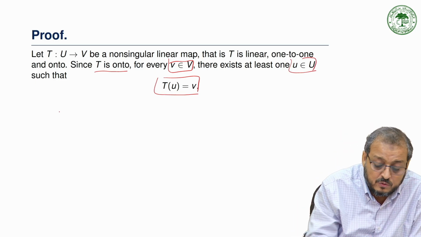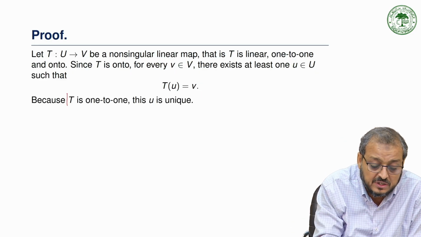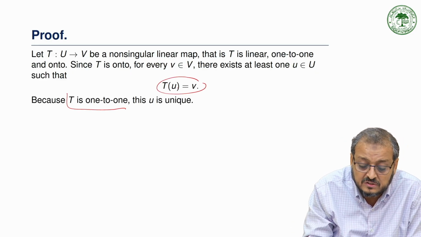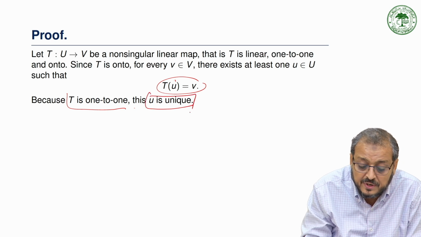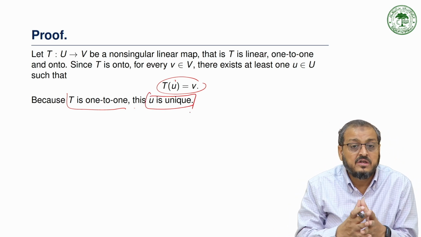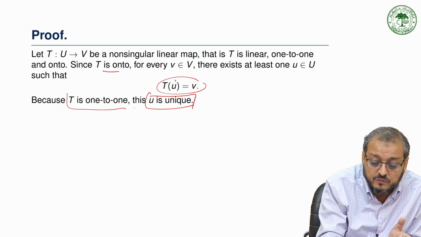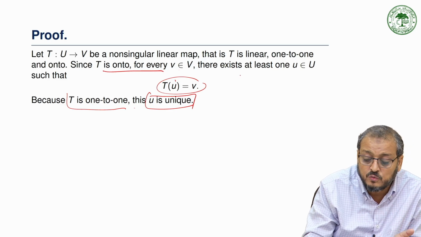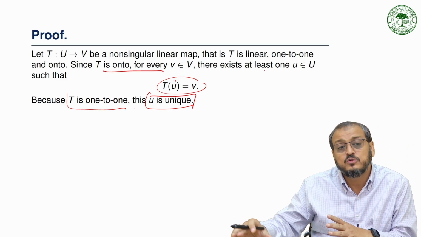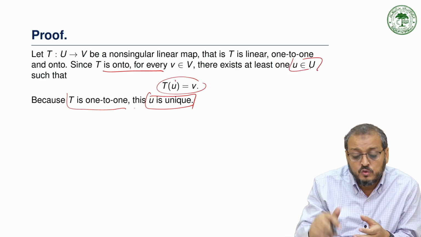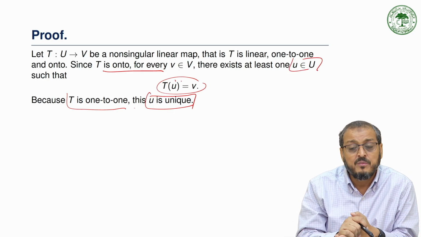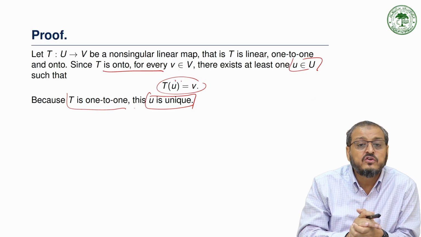Because T is 1-1, this u is unique. This is a very important part: by the ontoness of T, for v belonging to V there is at least one u belonging to U, and this u is a unique element, where T of u is equal to v, because T is 1-1.